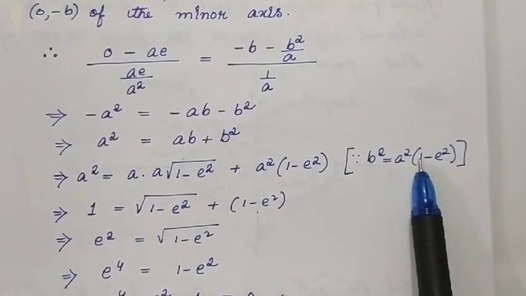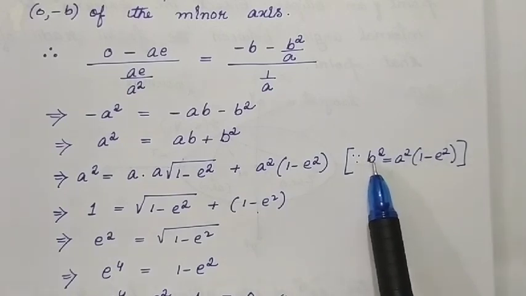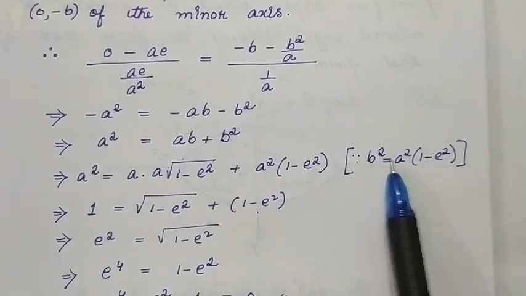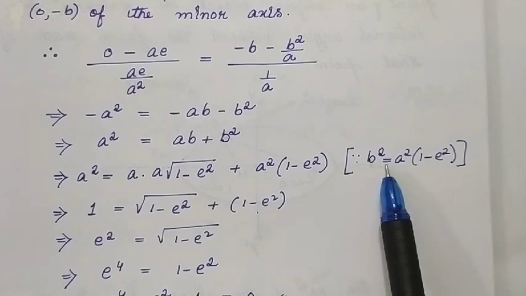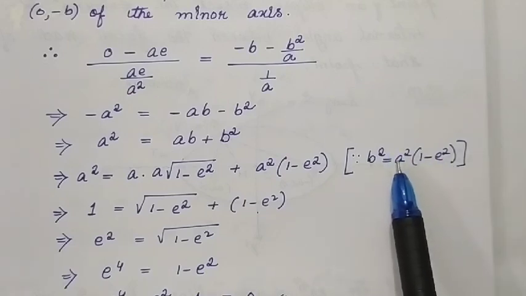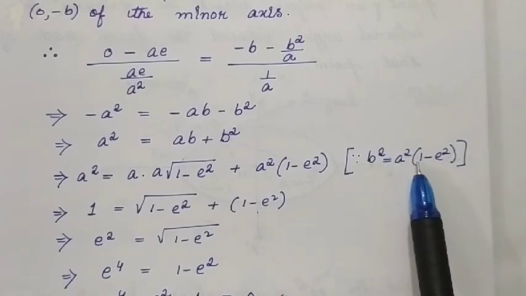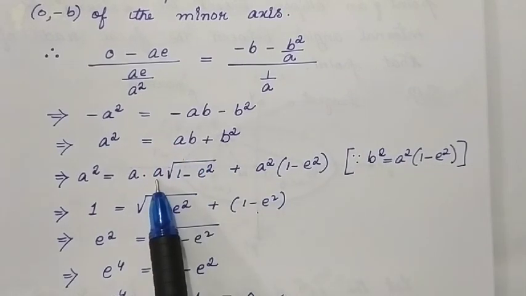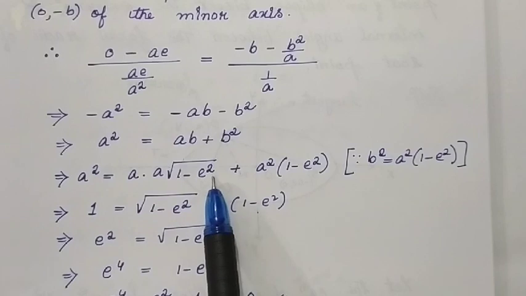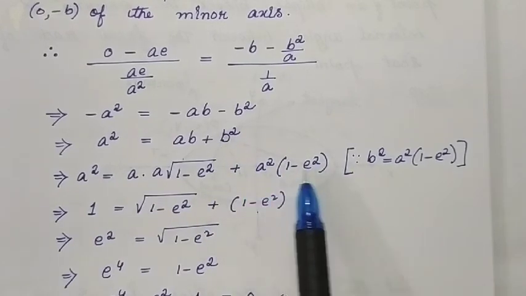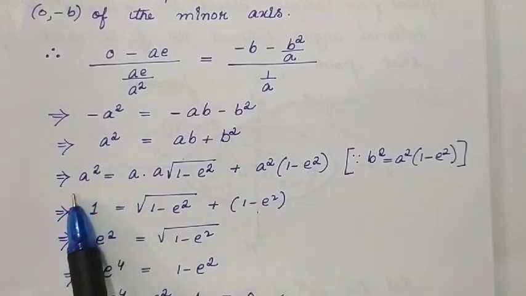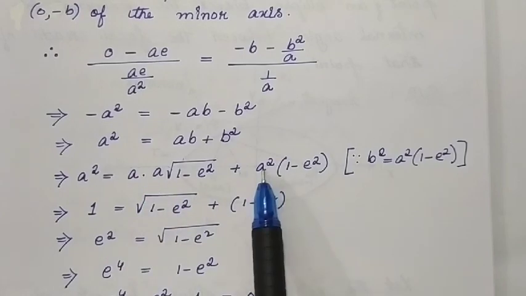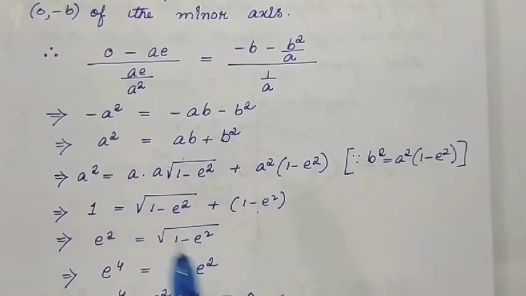So what will be our b here? From this one we can find b will be equal to root over of a square (1 minus e square). So in place of b we can write a into root over 1 minus e square, and b square we can write directly. So a square we have here, a square we have here, we can cancel all the a square.